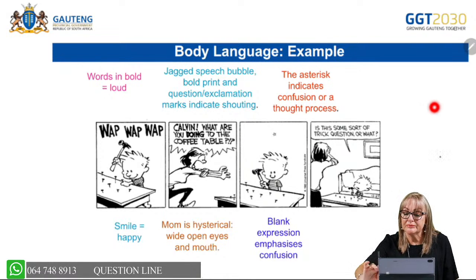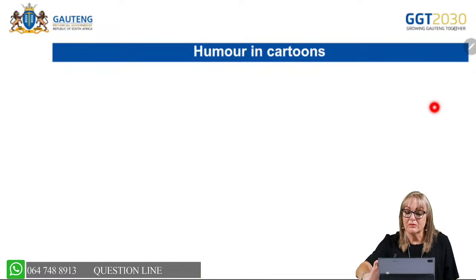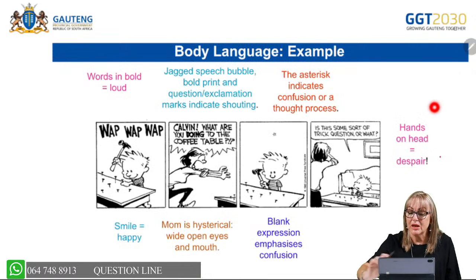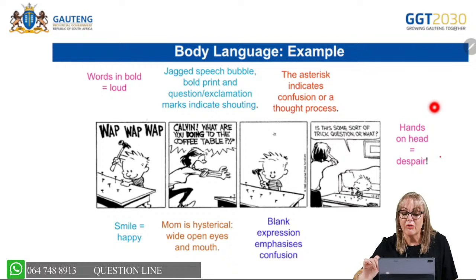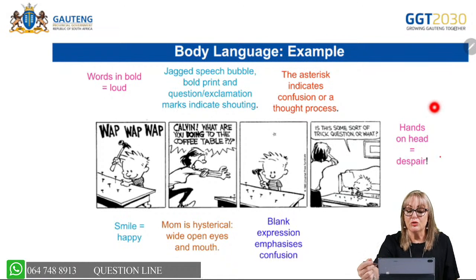And then, let's go back one. Her hands are on her head. It shows her despair. So they could ask you, how does her body language differ from the last frame to the second frame? Then here you must say her hands on her head, she's experiencing despair because his answer actually surprised her.